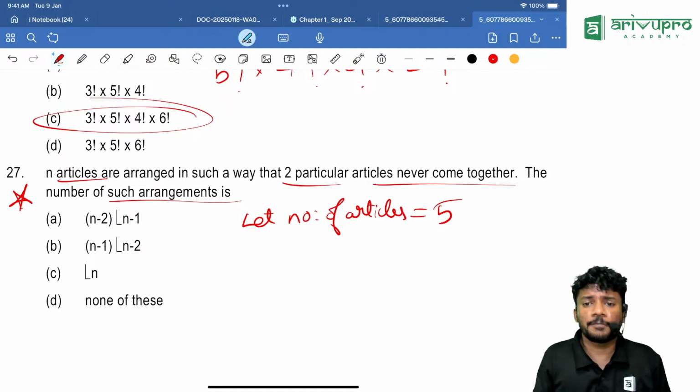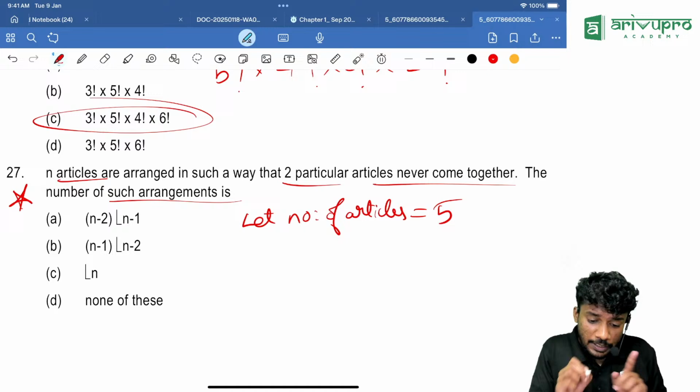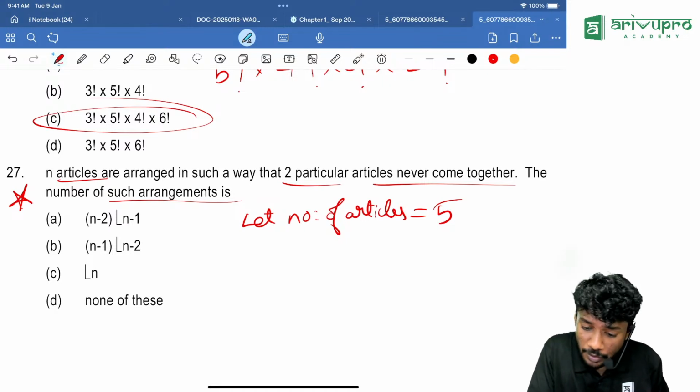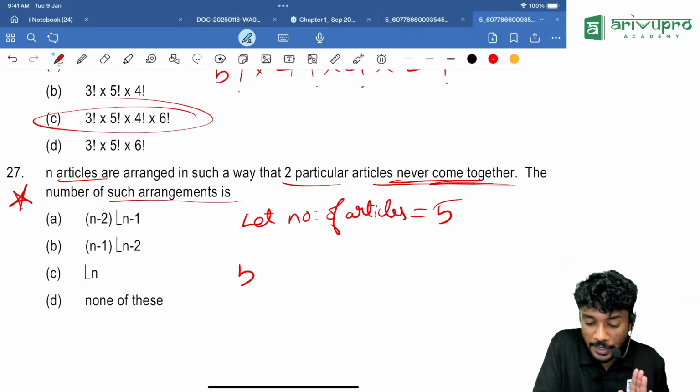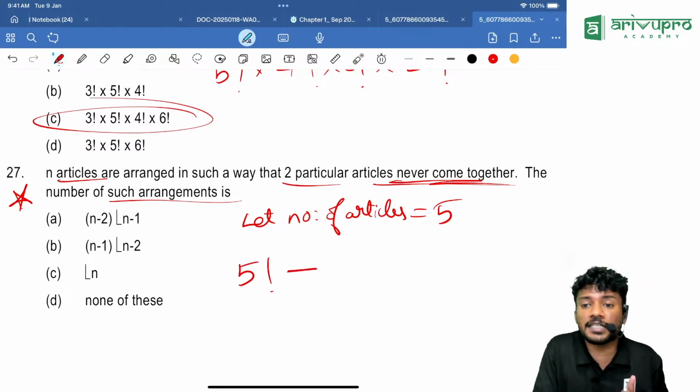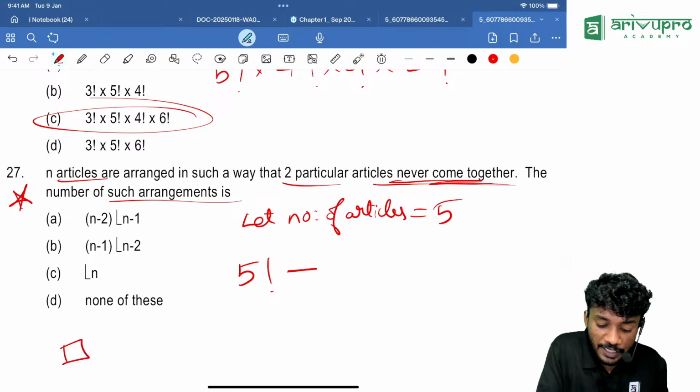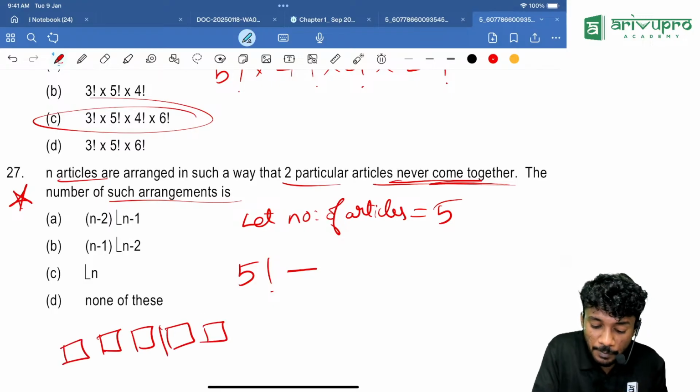Then what is the question? Never come together. That means total arrangement, that is 5 factorial, minus they are coming together. If there are 5 articles and 2 of them are coming together, that means 1, 2, 3, 4.